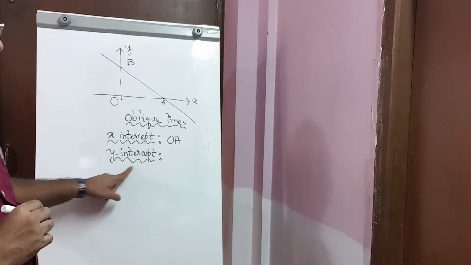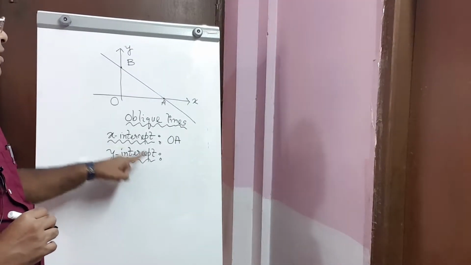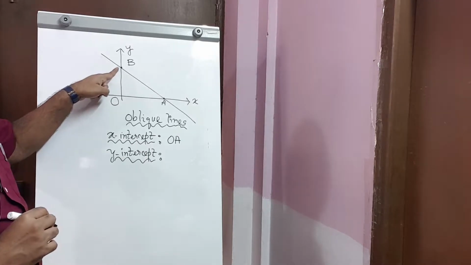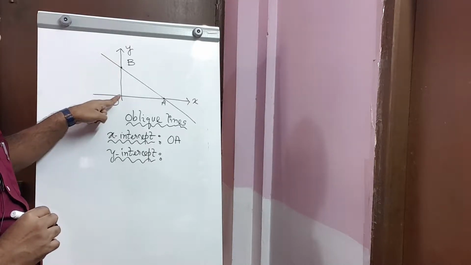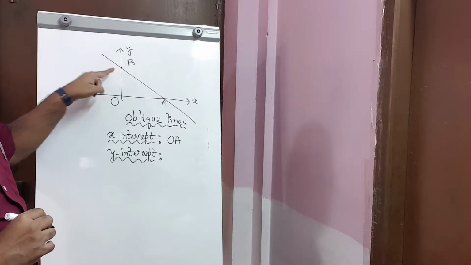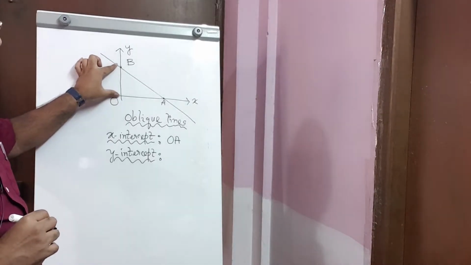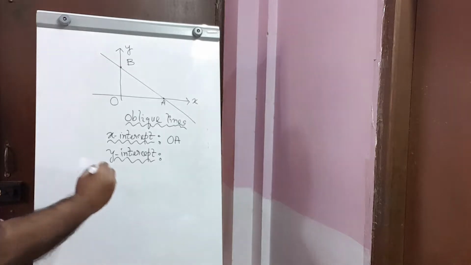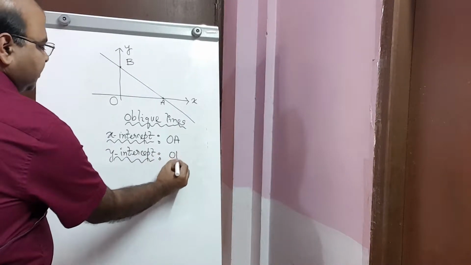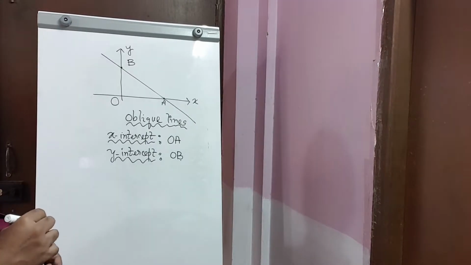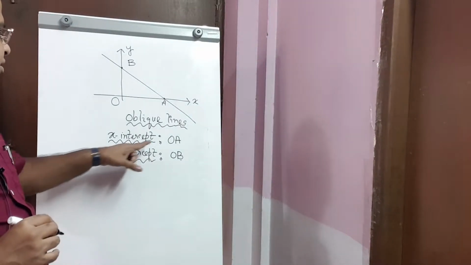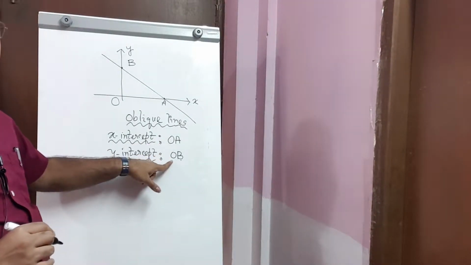Similarly, by y-intercept we mean the distance of the point of intersection of the line with the y-axis measured from the origin along the y-axis itself. That is, the length OB is taken to be the y-intercept of the line. Now here we associate a sign convention with the x-intercept and the y-intercept.